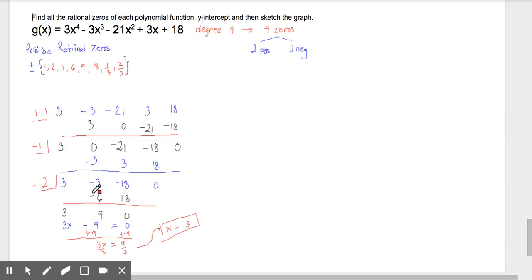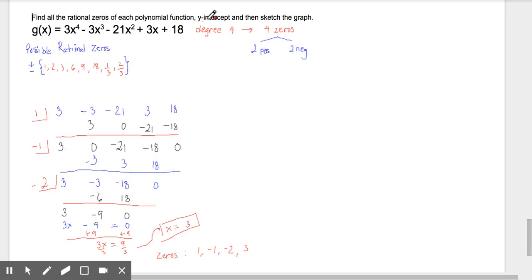1, 2, 3, 4. 2 of them are negatives and 2 of them are positives. Okay, so now that we have found the zeros, let's list the zeros here. Maybe I'll put it here. So zeros of the function are 1, -1, -2, and 3.